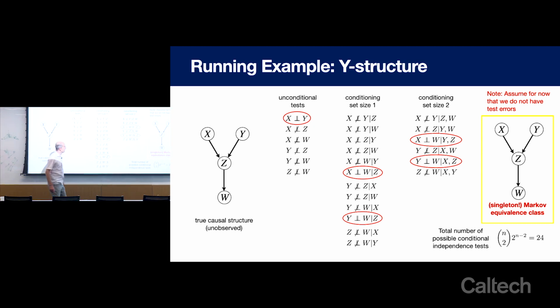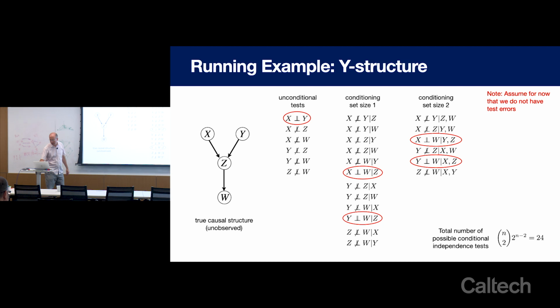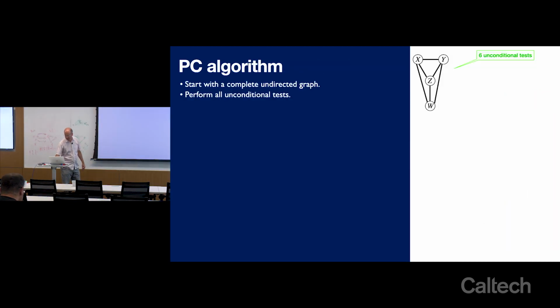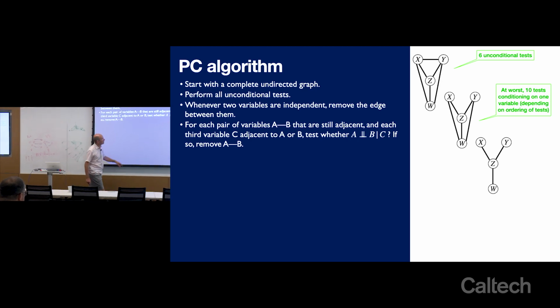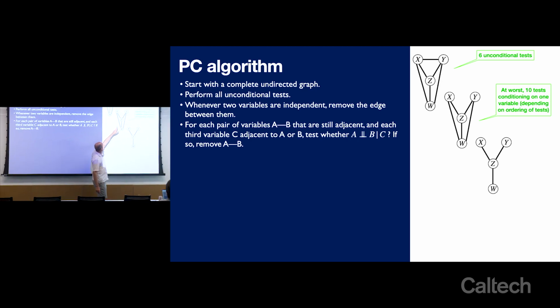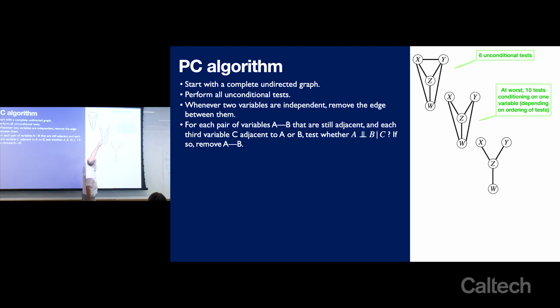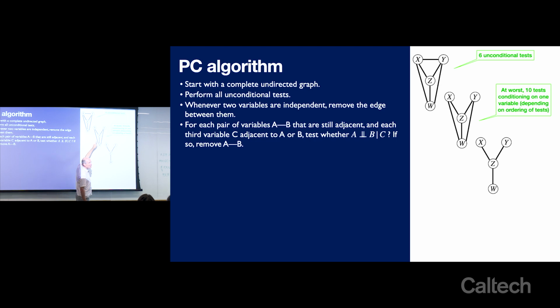Because at this point, we're here, and we're going to look at Y and Z given X. And you're saying that can't do anything because X doesn't have some path back to W.